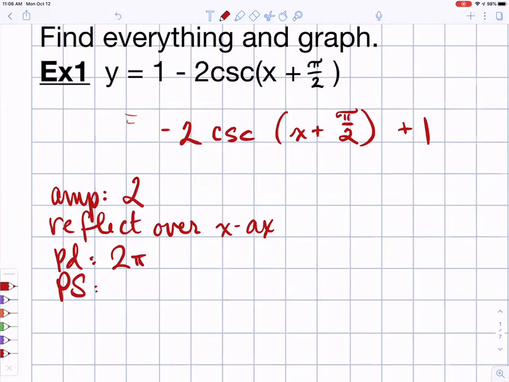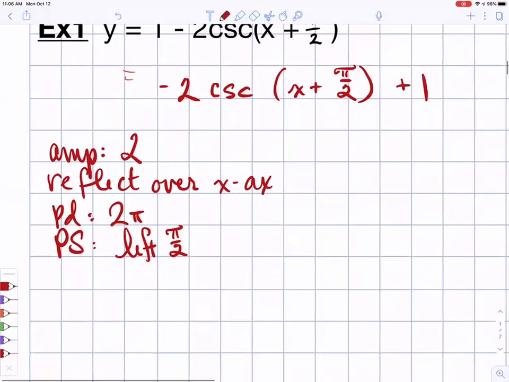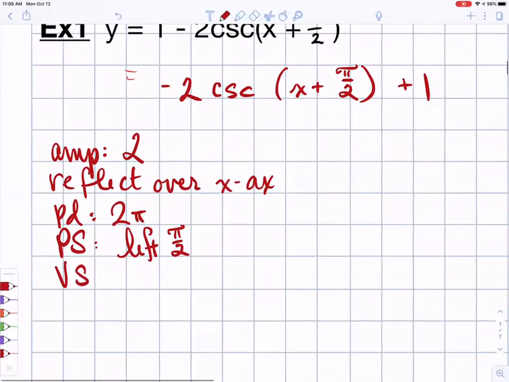And what's my phase shift here? Okay, so to the left, I think I heard pi over 2. Why is it to the left? Opposite from what we expect. Okay. And is there anything else? Yeah, my vertical shift or the vertical translation. And what is that? Up 1.